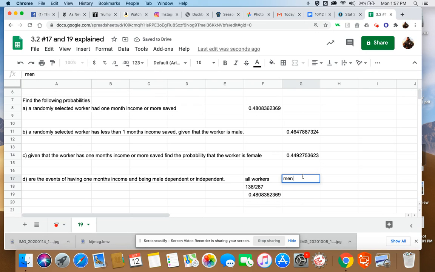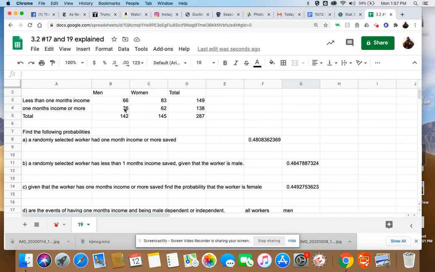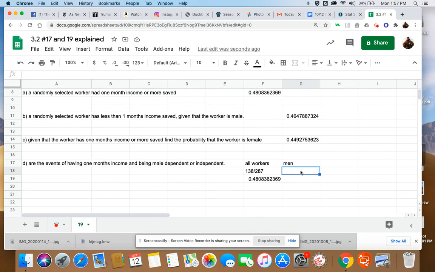If we look at just the men, 1 month's income, just looking at the men, is 76 divided by 142. First we'll put it in as the fraction, and we'll do it as the decimal. We get 0.5352. The probability changed.